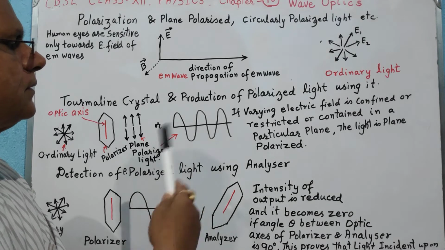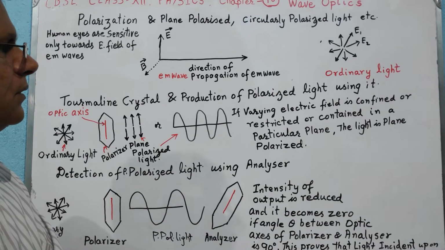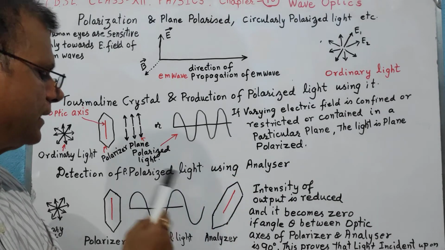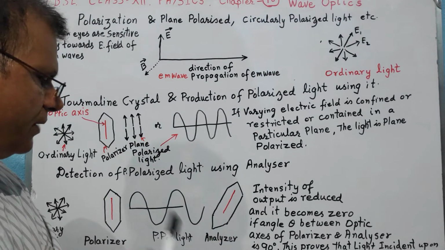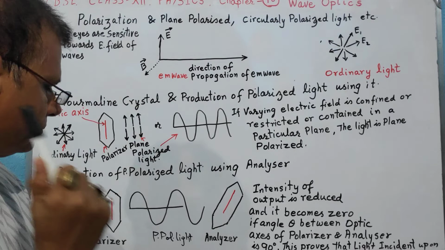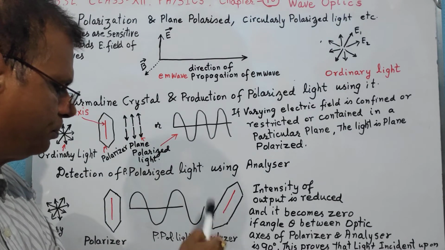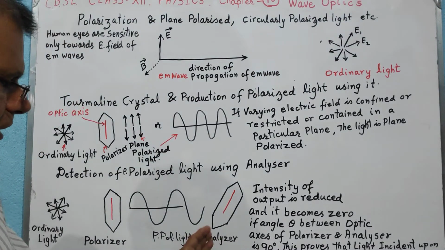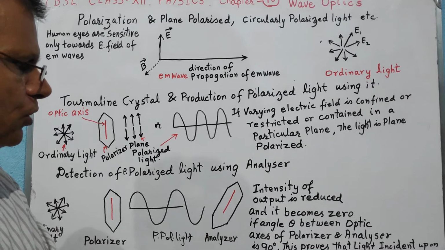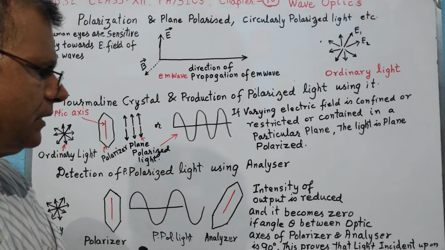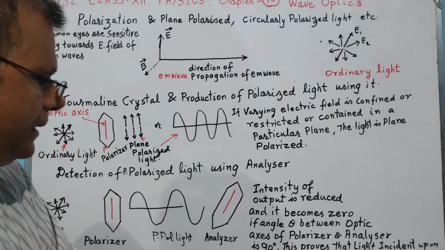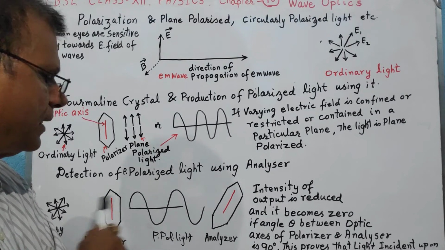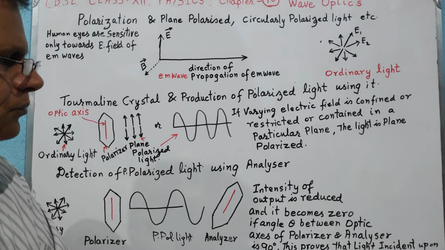Now if we think about incident circularly polarized light or elliptically polarized light, the light emerging out of the analyzer will have lesser intensity, but it will not be affected by the angle between the polarizer and the analyzer.